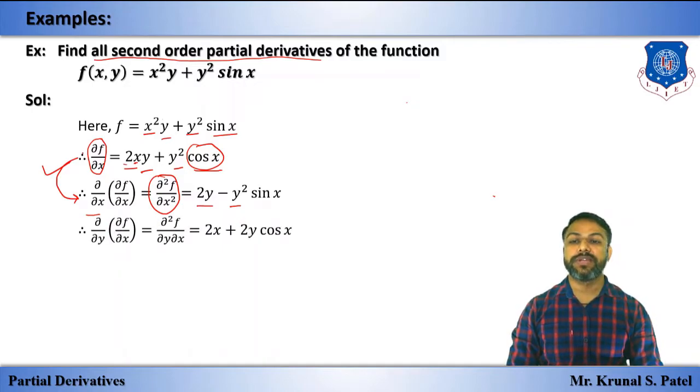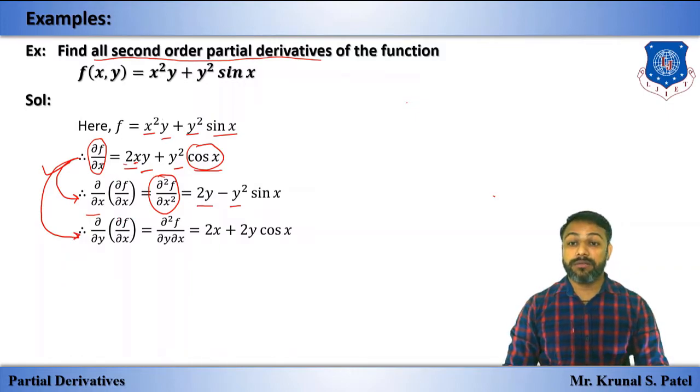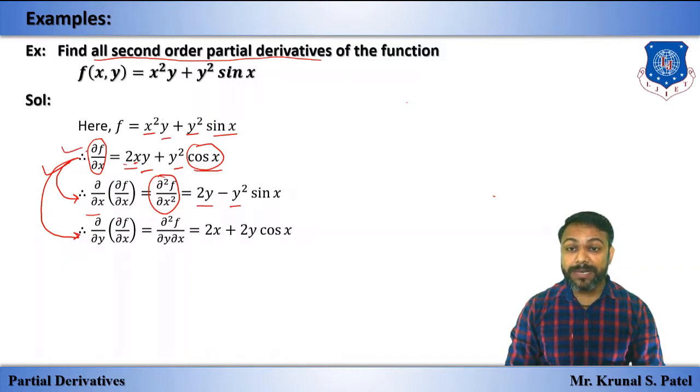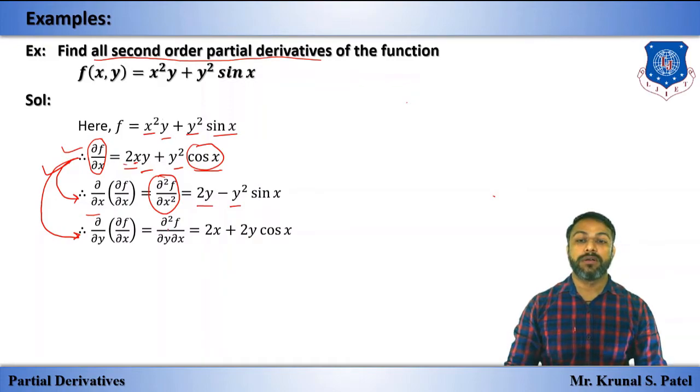Same way we differentiate this term with respect to y this time. So we apply del by del y on the left side. The notation will be del square f by del y into del x.